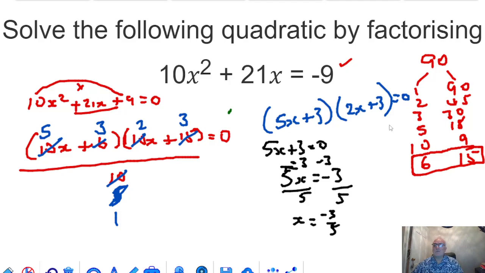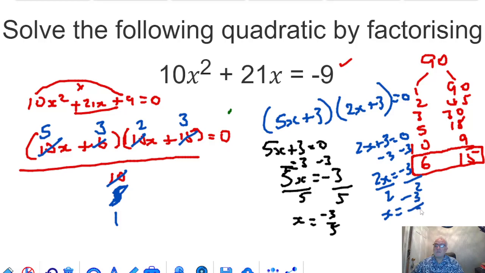And the last one, 2x plus 3 equals 0. Subtract 3 from both sides. 2x equals minus 3. Divide through by 2. x equals minus 3 over 2. And that's your solutions. Hope that helped. Catch you again next time.